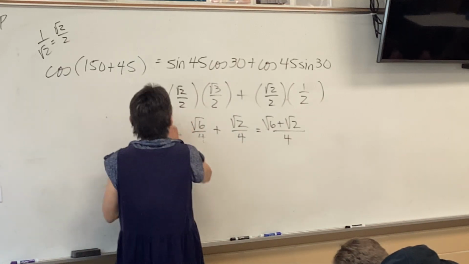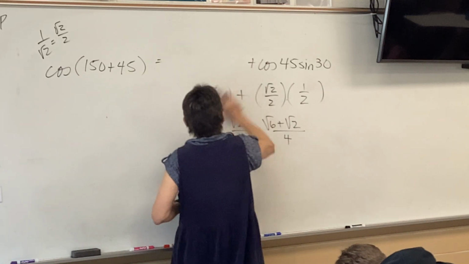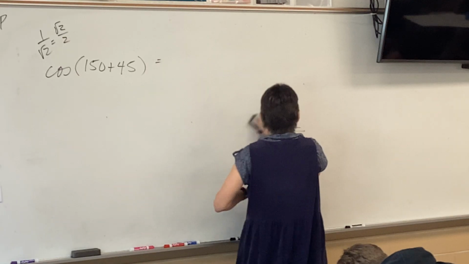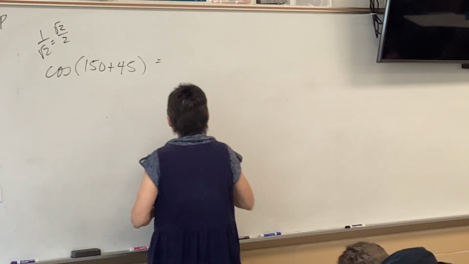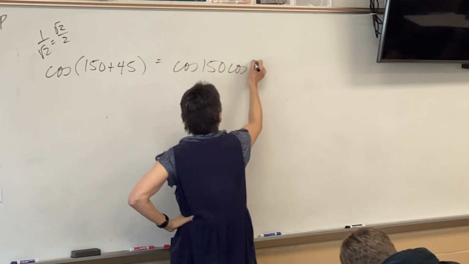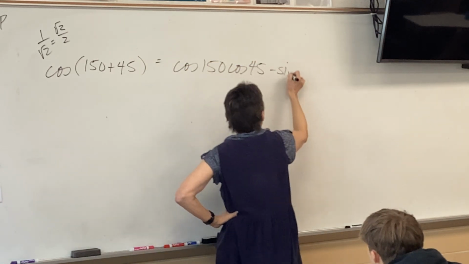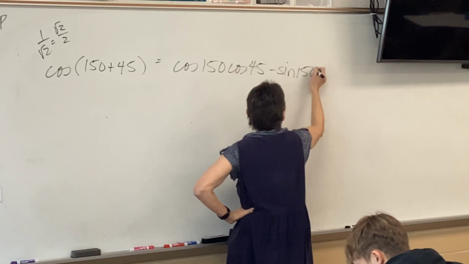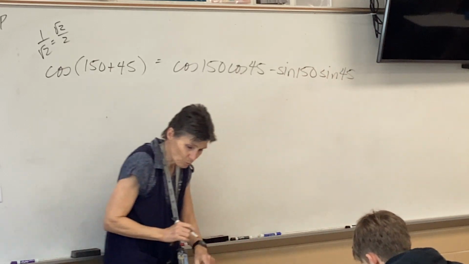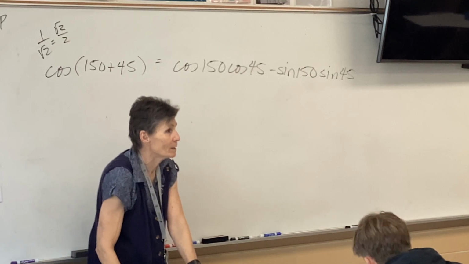All right, got it. What's the formula say for the cosine of 150 plus 45? Cosine 150, cosine 45 minus sine 150, sine 45. Isn't that the formula you just did in problem 1C?